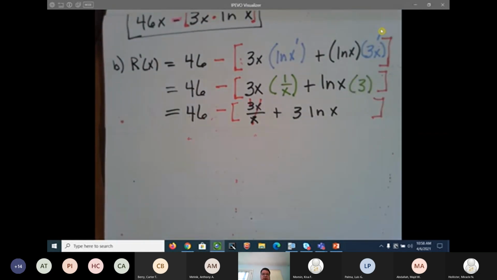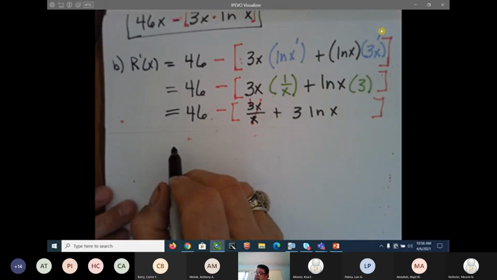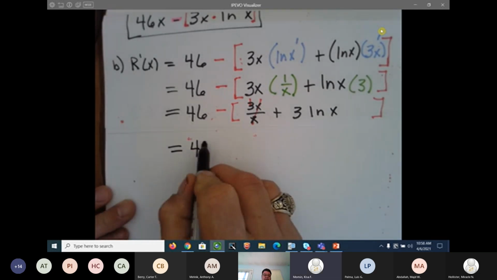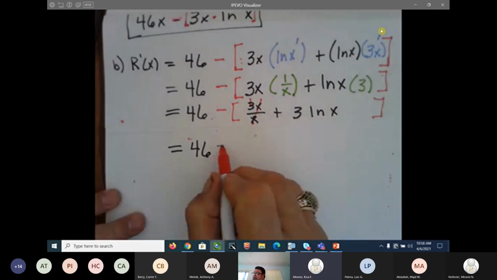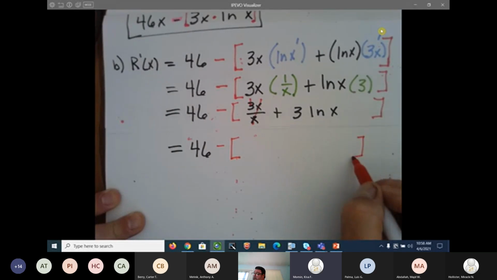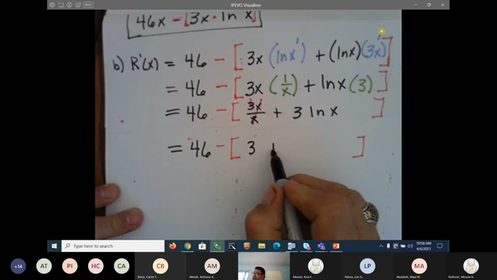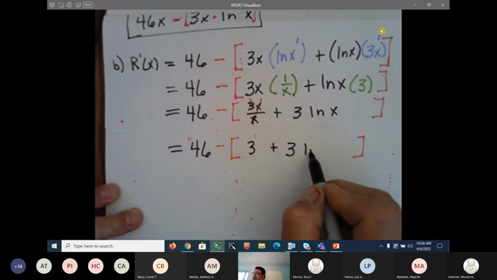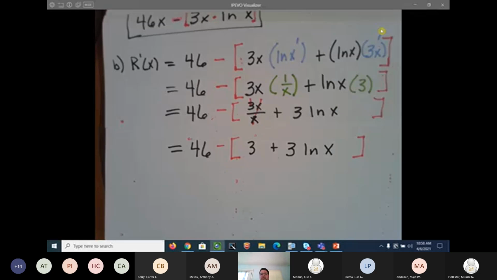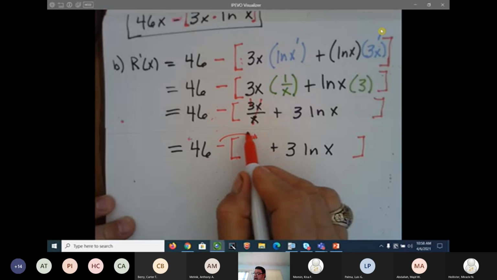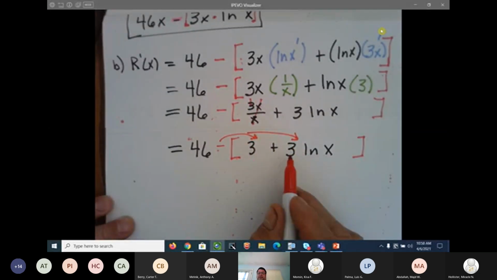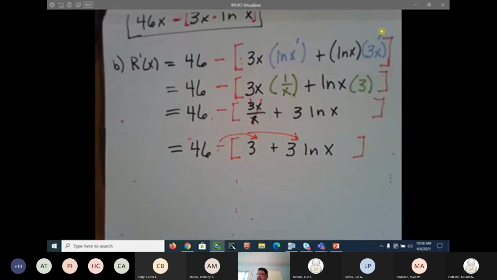Now watch, since I did all this step by step, but some of the guys in here just can't do it. 46 minus brackets 3 plus 3 natural log of x. And this is where you're going to mess up. If you don't do everything right, what does that negative do to both of these? Makes them the opposite sign.